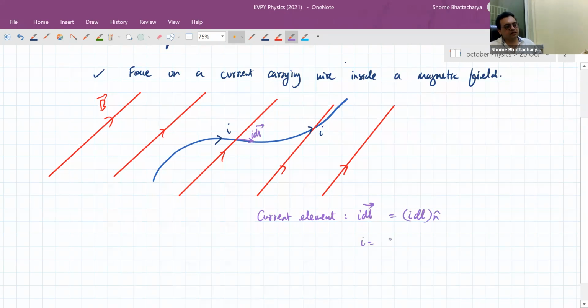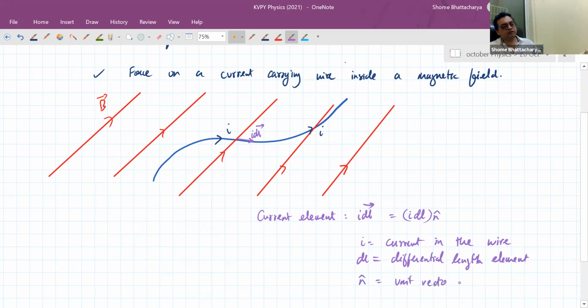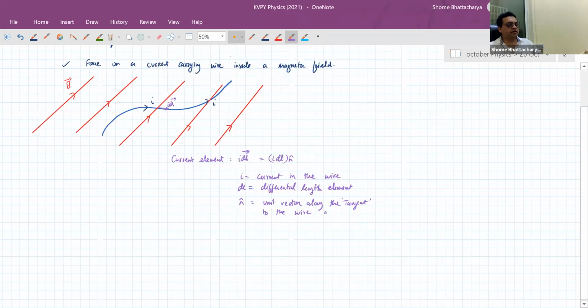Here I is the current in the wire, dl is a differential length element, so a small length, and the direction of this vector, the unit vector n cap, is along the tangent to the wire at the given point, at the given dl, and pointing along the direction in which the current is flowing.